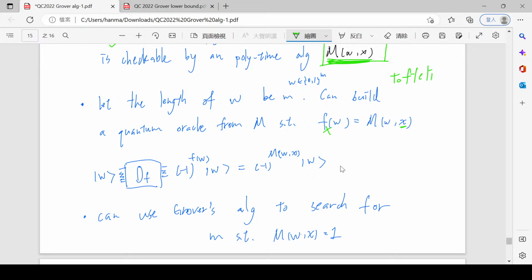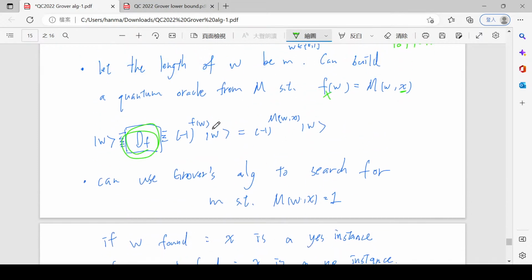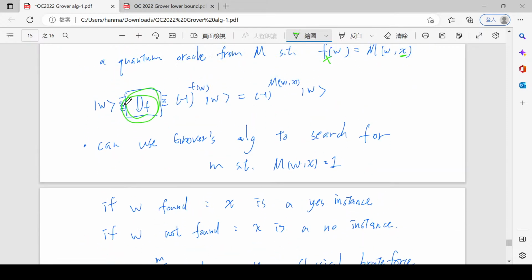And so if you get this kind of circuit, then you can just use it in a black box way and run Grover's algorithm. It's not quite a black box because you know the inner workings, but you can still treat it as a black box when running the algorithm. Just put it in whenever you need the oracle for F. You can run Grover's algorithm with this oracle, and you will find whether W exists.